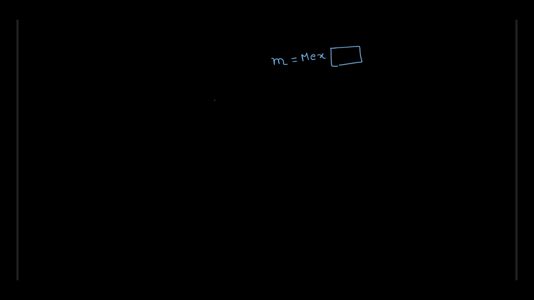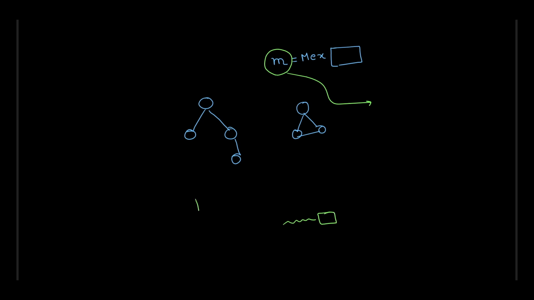If this is the case, then in your original graph, you can do one thing: delete all the occurrences of m. If m is the MEX, then it should not appear on the path, because if m appears on the path, then when you are creating your number line to fill in all the gaps, and suppose this is m over here, if m appears on that path and you take that m, then you will already fill this gap, so the MEX cannot be m.